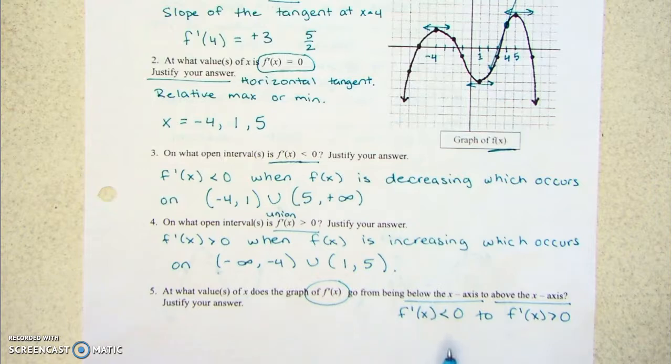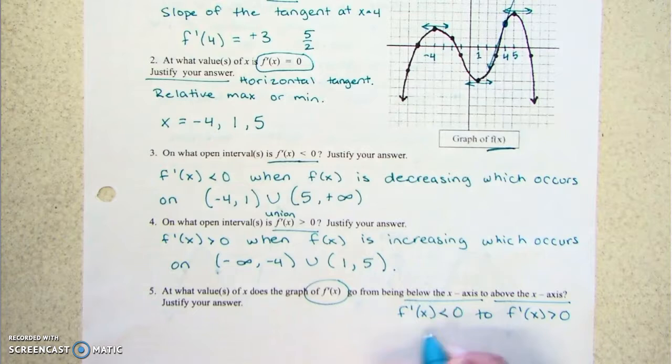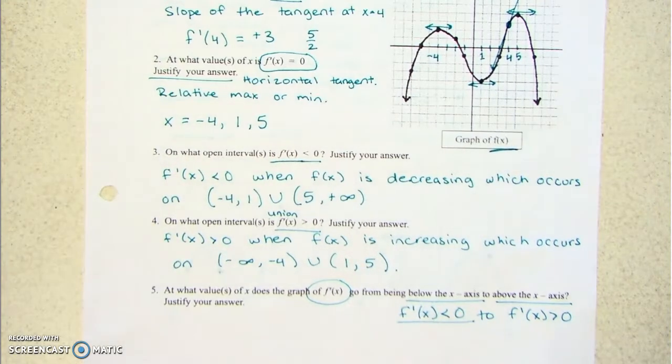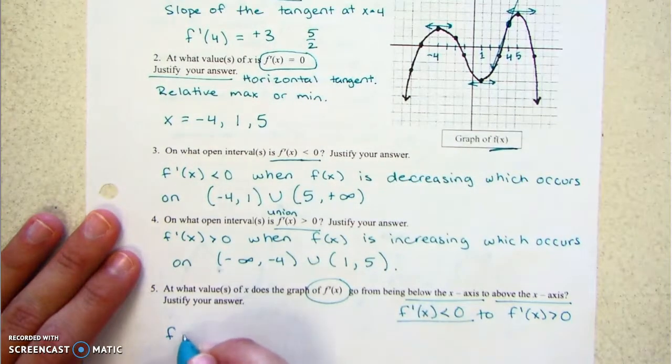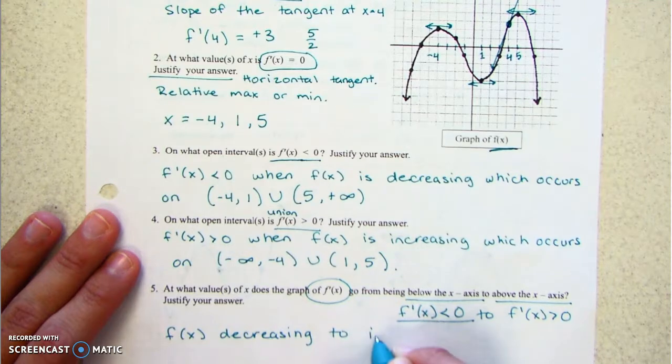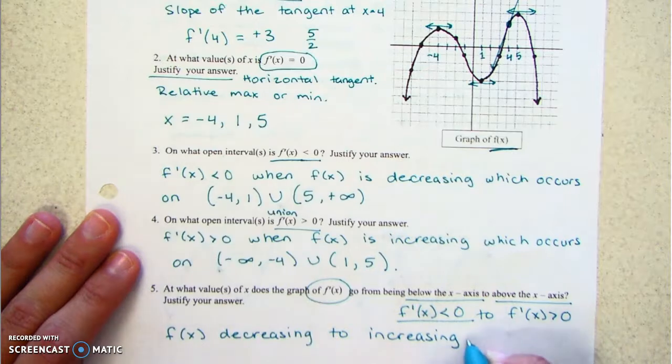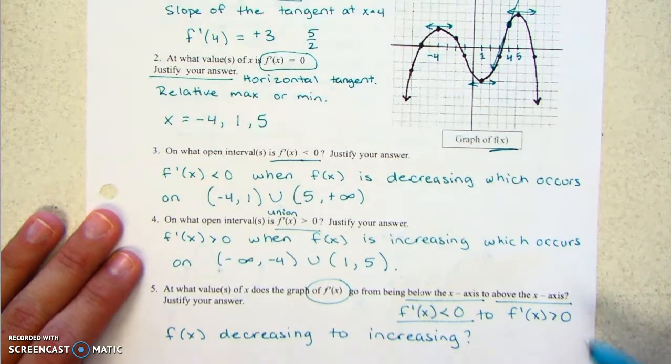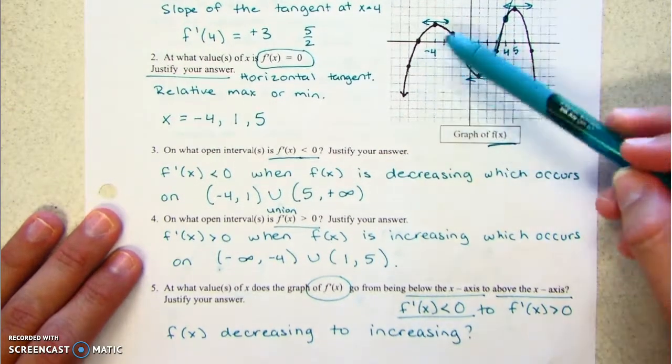Okay, if f prime is less than 0, then that means f is decreasing. So where does f go from decreasing to increasing? Here we go.